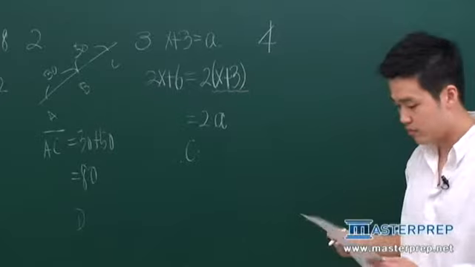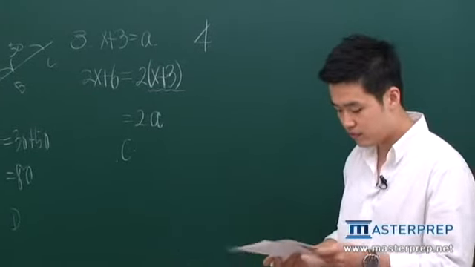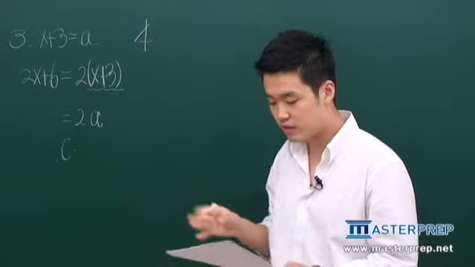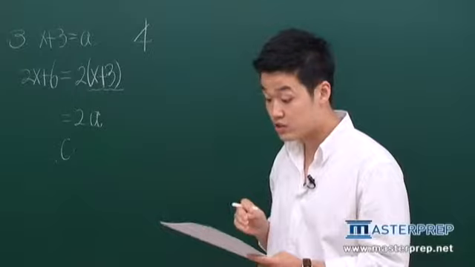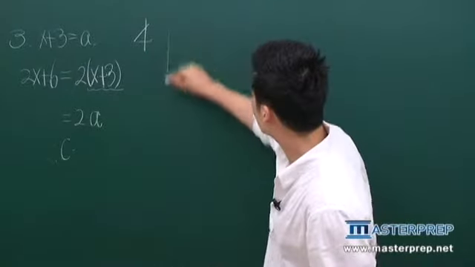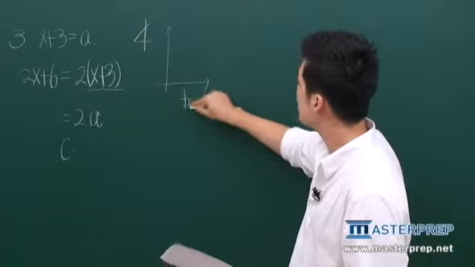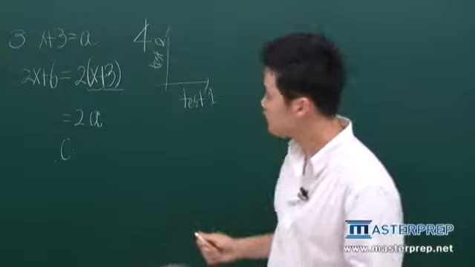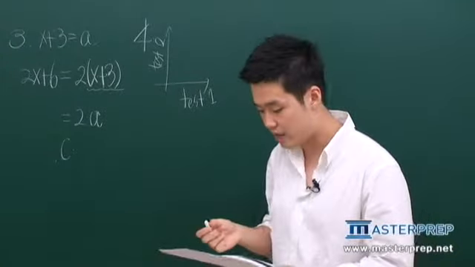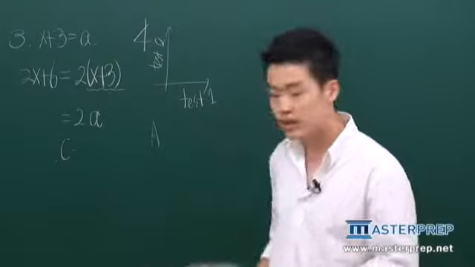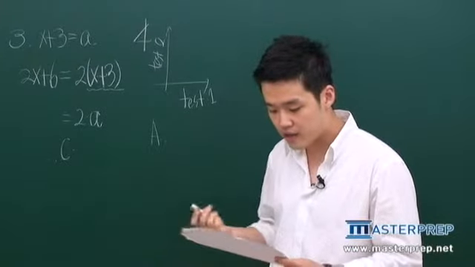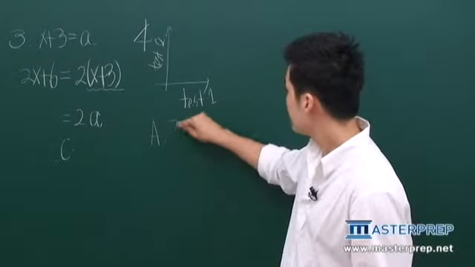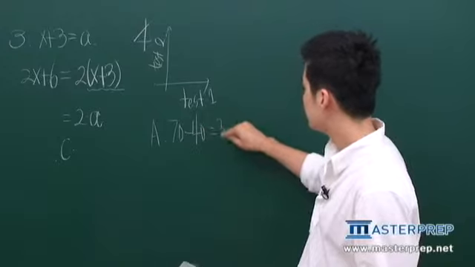All right, so let's solve number 4. Again, we are looking at the plot of those points, and we have to figure out the change in scores from test 1 to test 2. We could subtract the numbers that we have. For A, 70 minus 40 is equal to 30.